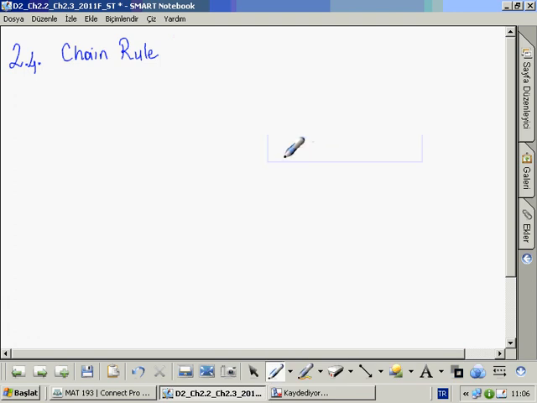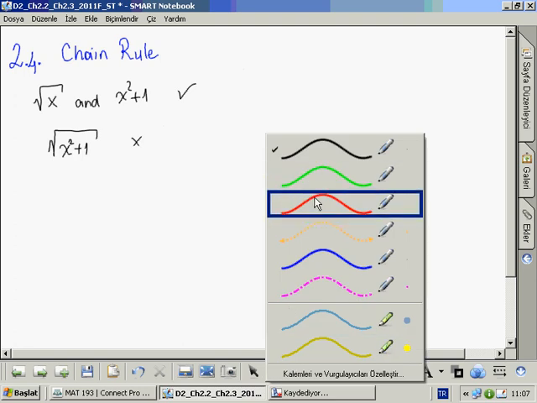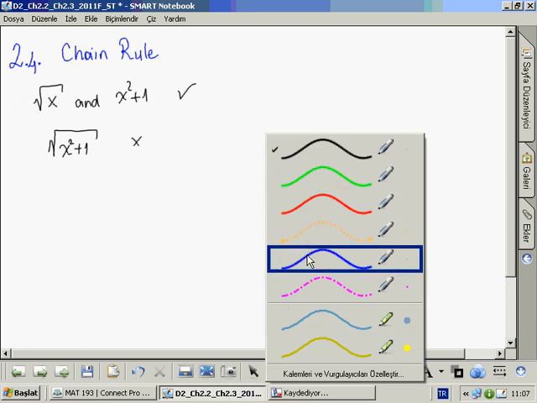Although we can differentiate the square root of x and x squared plus 1, we cannot yet differentiate the square root of x squared plus 1. So let me give you an example to understand this chain rule, before giving the chain rule.